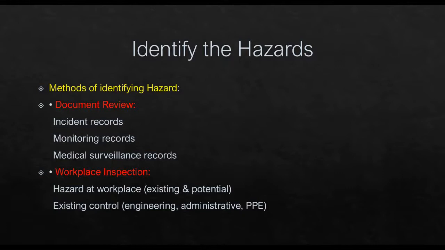So the hazard at the workplace, existing and potential. Not only the existing ones, but we must do the inspection in order to identify the new hazard, for example. And then the existing control by engineering, administrative, or the PPE.